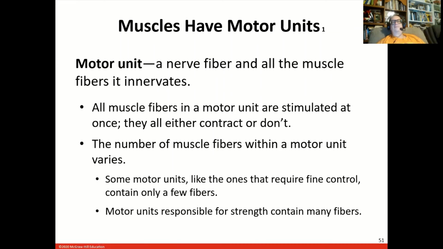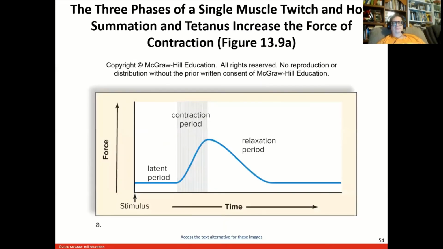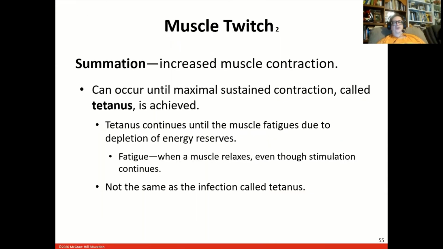Yeah, but muscles have more than one motor unit. So maximal sustained contraction is tetanus, and that can continue as the muscle tires, runs out of energy, and then can't do anything, even though you're stimulating it.